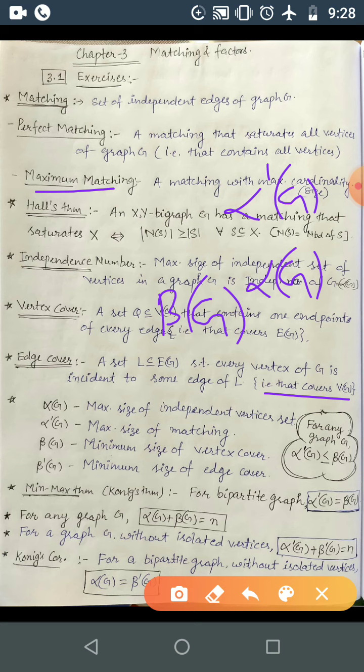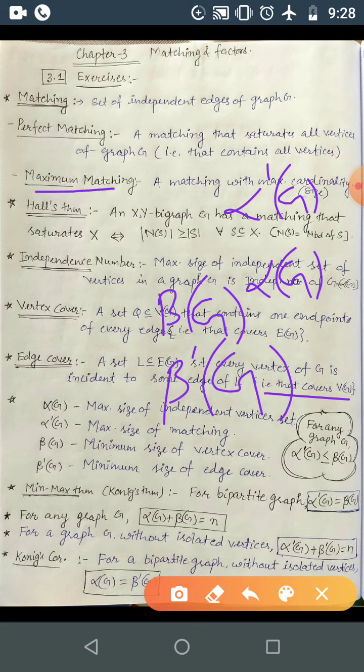We are interested in finding the minimum number of edges that covers all the vertices, that is the minimum edge cover. The minimum edge cover cardinality is denoted by beta dash(G).